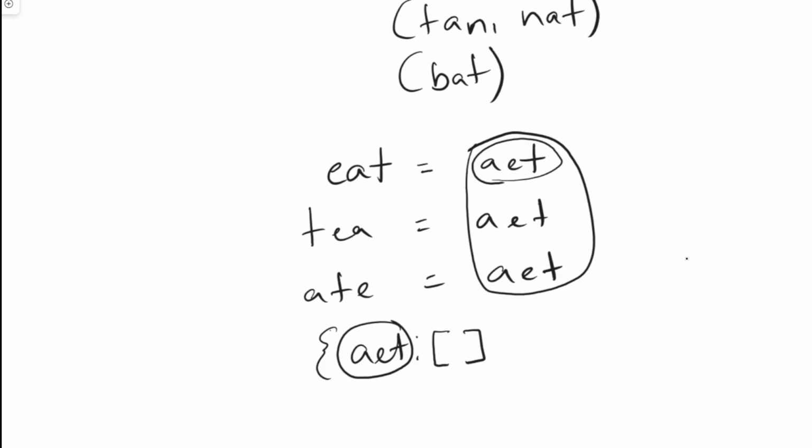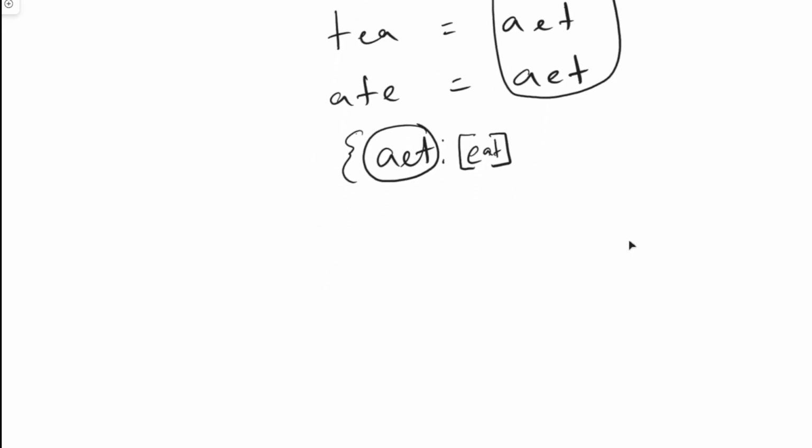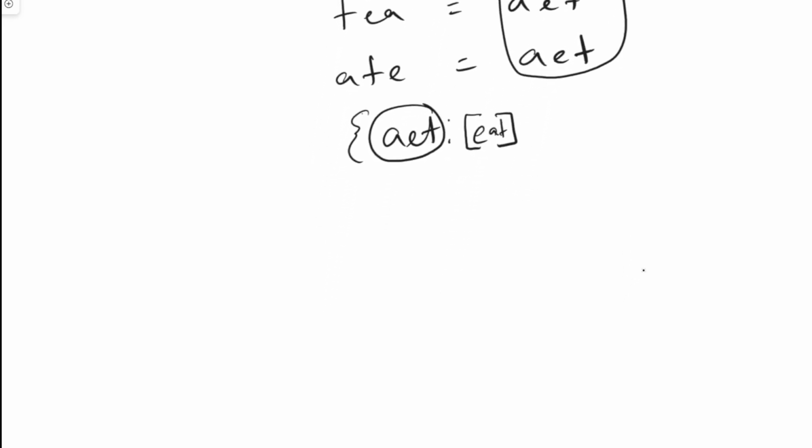So we will add eat, because when eat is sorted, we will get AET, and same thing for tea, same thing for ate, and we'll keep repeating that process over and over again. So in that way, we're able to improve on the collection by collection comparison, which would give us something like n squared times k. But now we have improved on that.